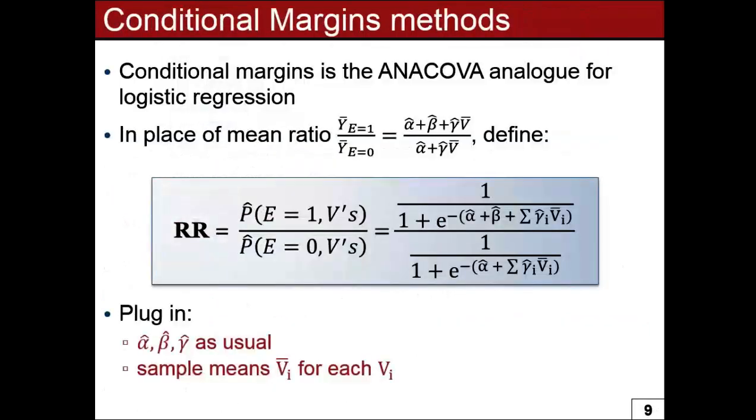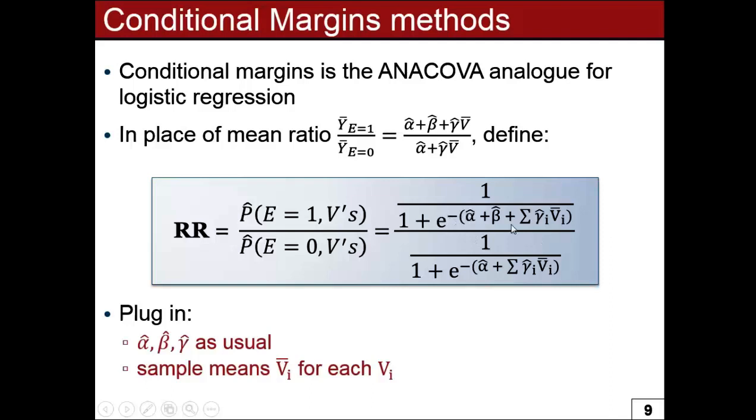So the analog of this weird thing that we just talked about is called the conditional marginals method, or the conditional margins method. And it's the equivalent of the analysis of covariance, but in the logistic regression model. Instead of computing the mean ratio, we're going to compute the risk ratio. And it's going to be the ratio of two logistic formulas. This is the probability of the outcome when you're exposed over the probability of the outcome when you're unexposed.